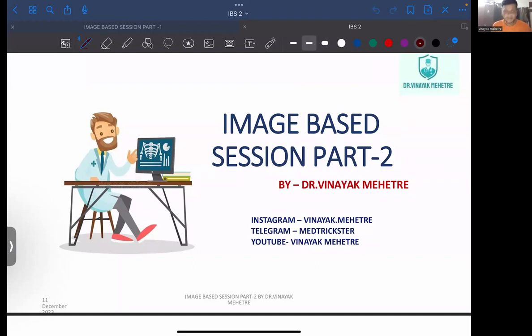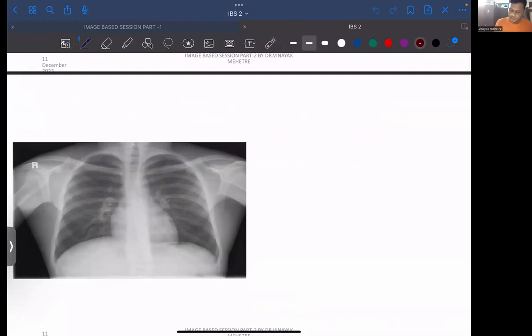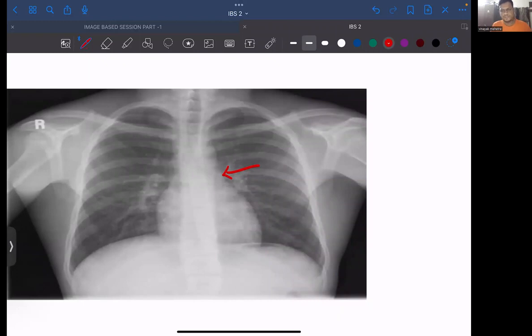Okay, try to answer. So first one, what is this? You can take a look and try to answer. What do you think? Anyone?